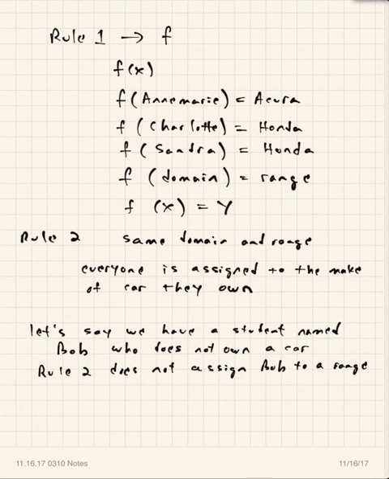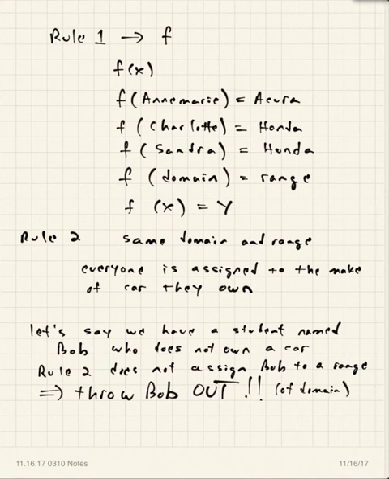So what we do here is we throw Bob out, right? We throw Bob out of the domain. I'll just put "out of domain" there in parentheses. Any domain value that does not get assigned to a range value, we kick it out of the domain.